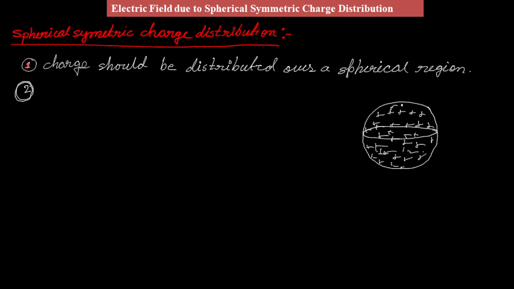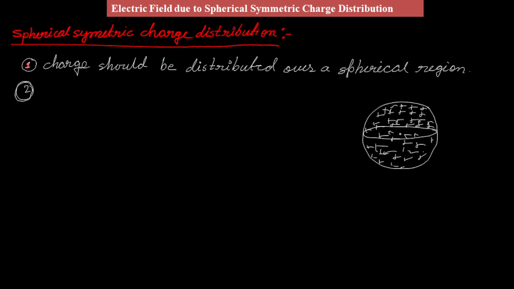So now we want to see whether this charge has spherical symmetry or not. The first condition, charge should be distributed over the spherical region. In this case, charge is distributed over the spherical region. Now we want to check whether this charge carries spherical symmetry or not.